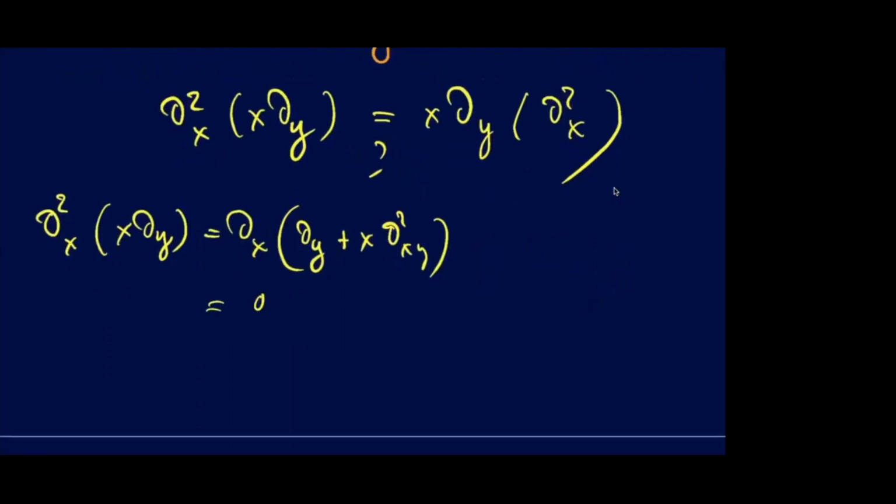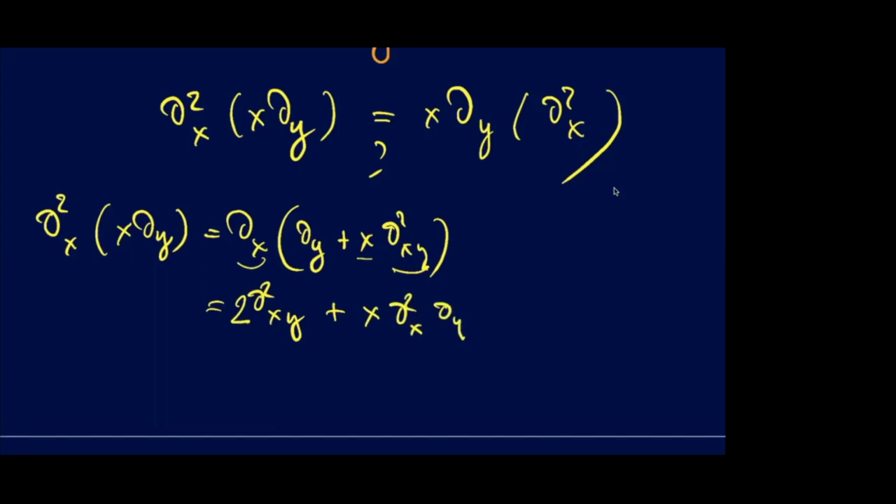Now I take a second derivative, and when I take the x derivative of x, I get another term like this, so 2 dxy. But then I also get the term x d2x dy.